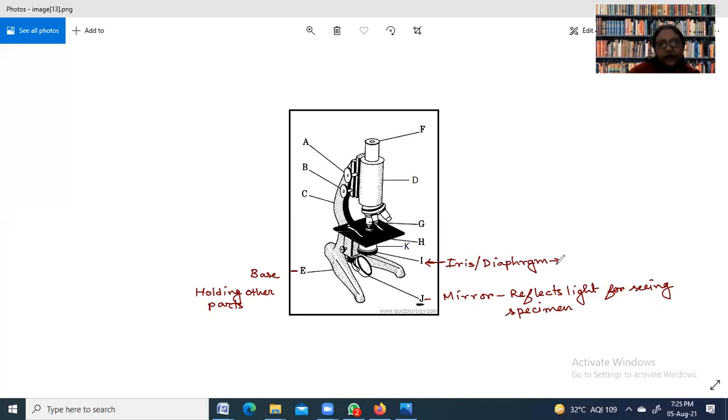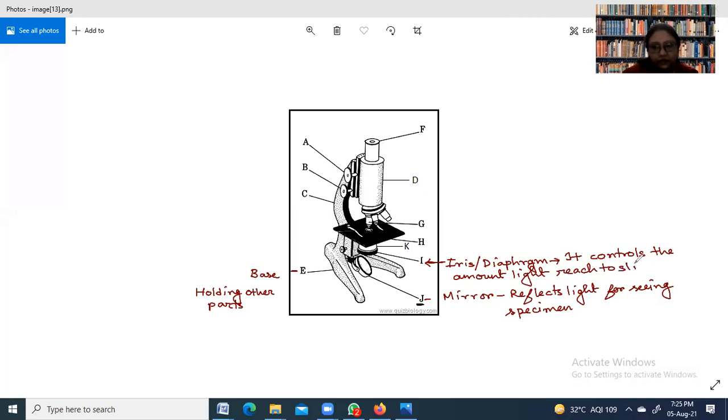The role of the iris or diaphragm is that it controls the amount of light reaching the specimen.